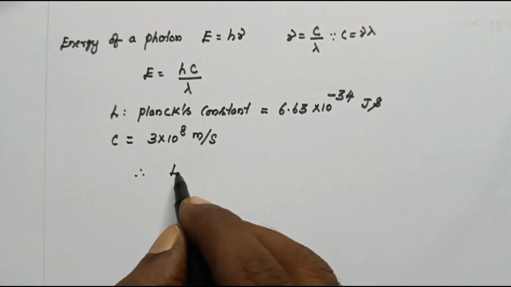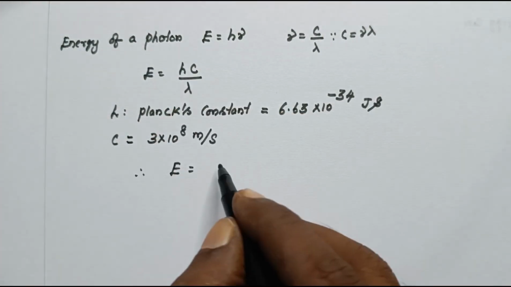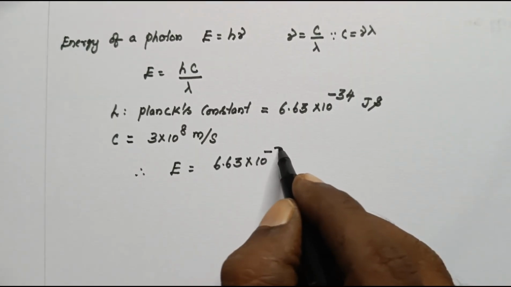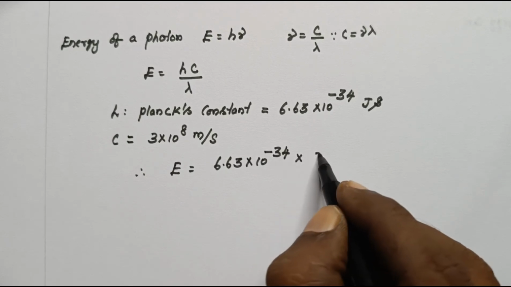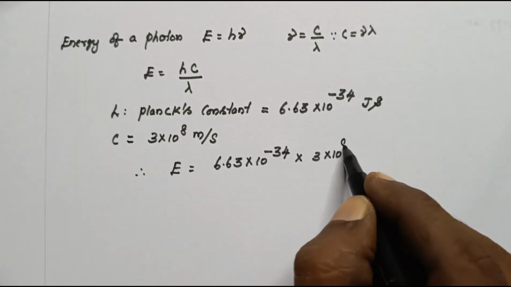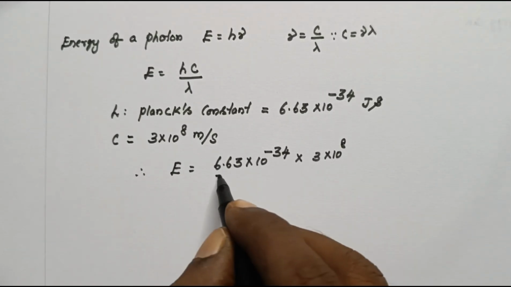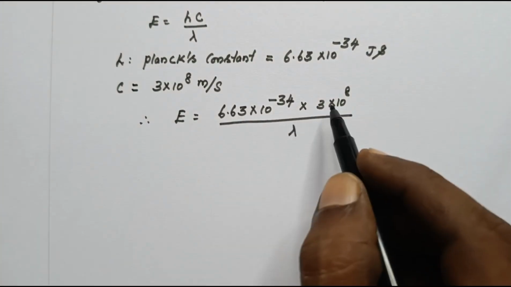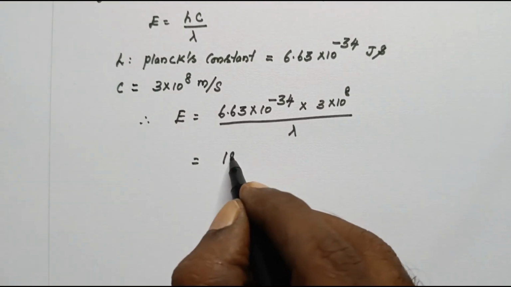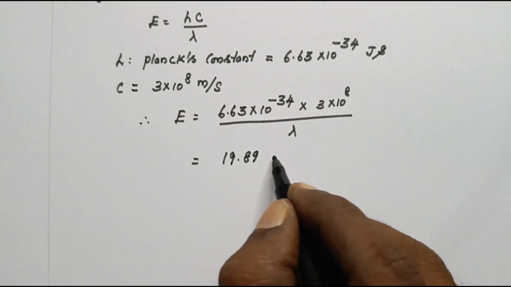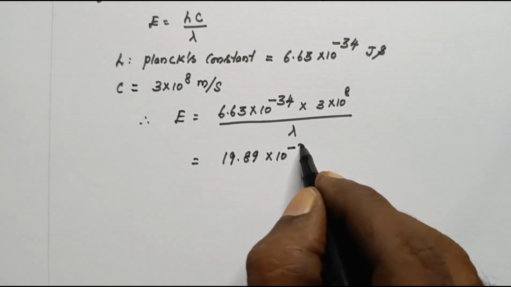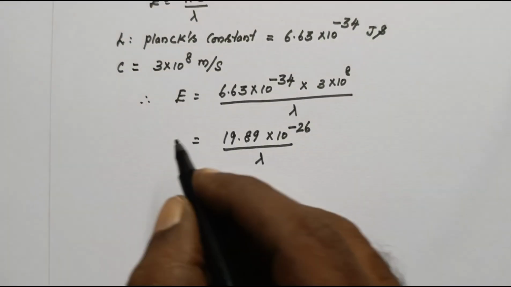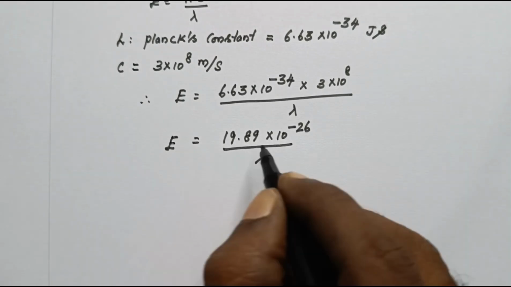Therefore, E is equal to 6.63 into 10 to the power minus 34 into 3 into 10 to the power 8 meter per second divided by lambda. If we multiply these two, we will get 19.89 into 10 to the power minus 26 divided by lambda. So this is the energy of a photon and this will be in joule.